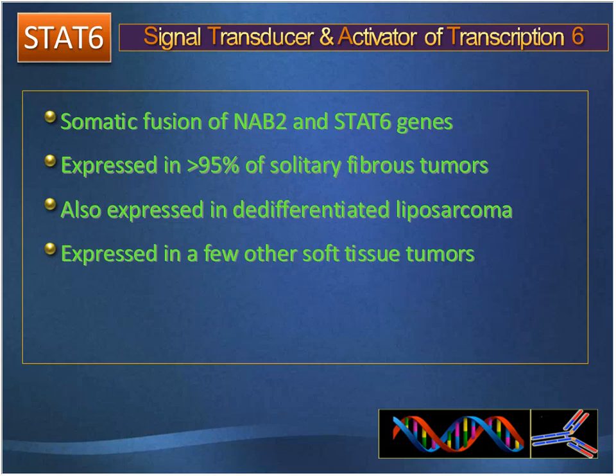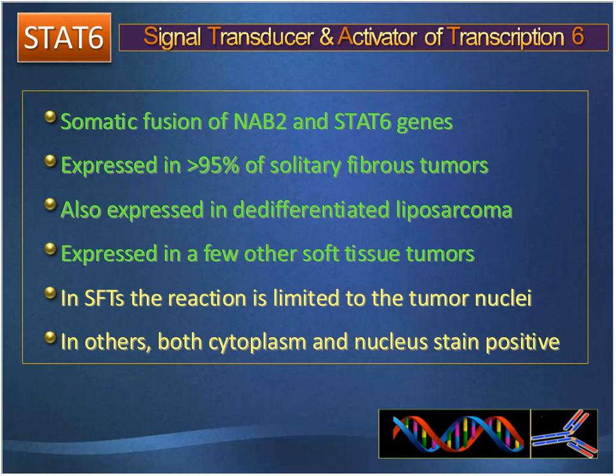It is also expressed in some differentiated and some dedifferentiated liposarcomas, and occasionally other soft tissue tumors. Interestingly, in solitary fibrous tumor, the reaction is limited to the tumor nuclei, whereas in other tumors, it may be in both the cytoplasm and the nucleus.